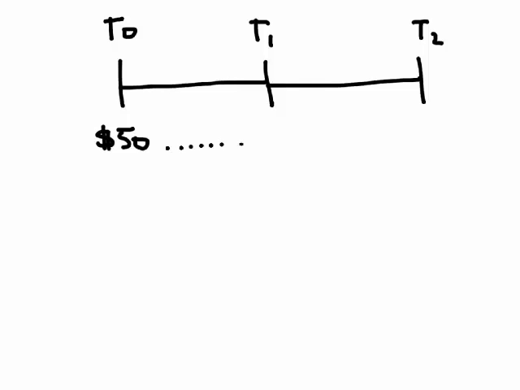By the end of the year, this share had gone up to $60, and there was a dividend of $5. By the end of the second year, this share had gone up to 90, and it paid dividend of 5 as well.